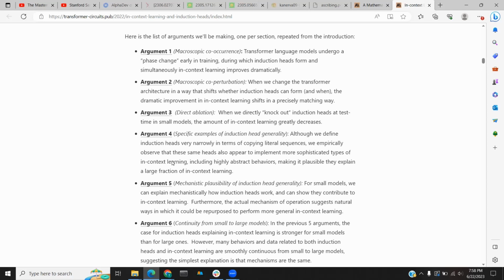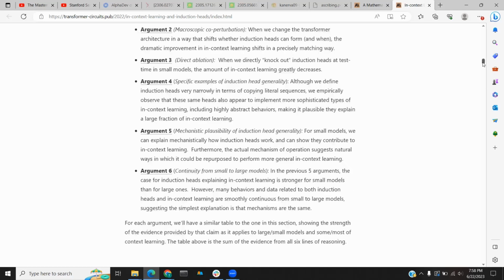So they have a number of arguments where they really looked at these induction heads to say that there's this powerful set of correlations between better performance when you have induction heads, worse performance when we mess with them, et cetera. Therefore, in-context learning is happening via composition of induction heads. That's the general gist of this second article.